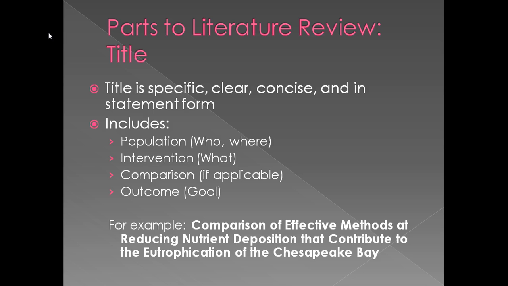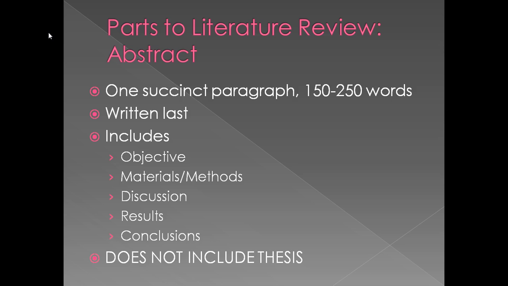The title then is specific and clear, usually in statement form. Okay, and it's derived from your question, essentially, or your hypothesis. The abstract is one succinct paragraph, 150 to 250 words. It's written last because it includes everything in your study.